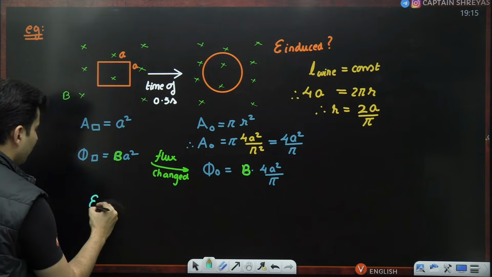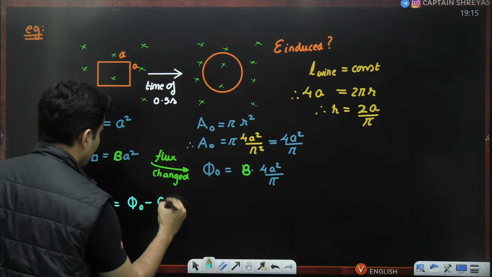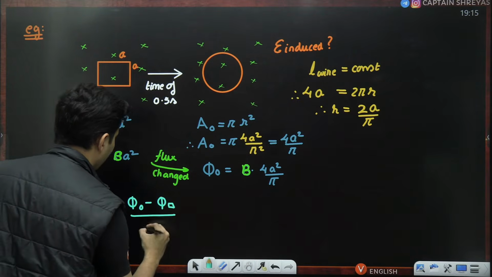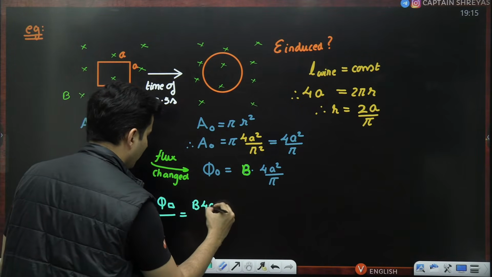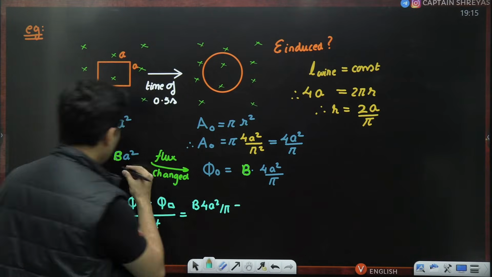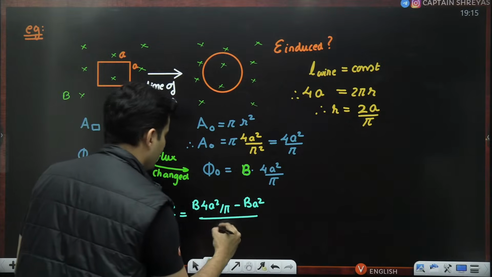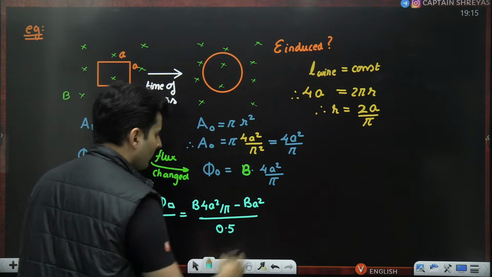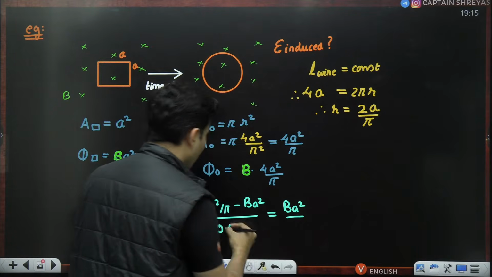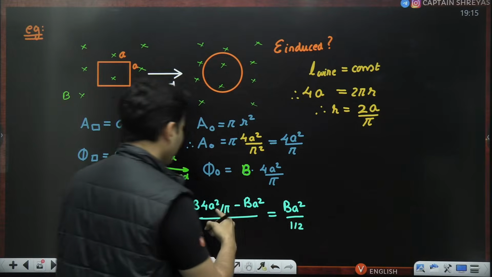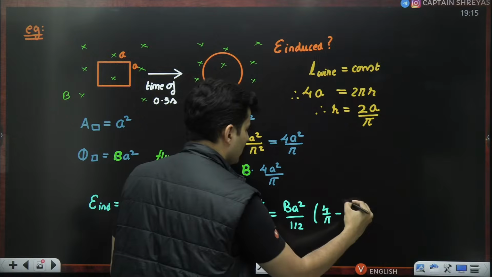So the EMF which is going to be induced is final minus initial upon the time taken. What is final? It is B into 4a square by pi. Initial is just B a square. Time taken is just 0.5 seconds, which will then give me B a square is common. 0.5 is 1 by 2. Here I will have 4 by pi minus just 1.